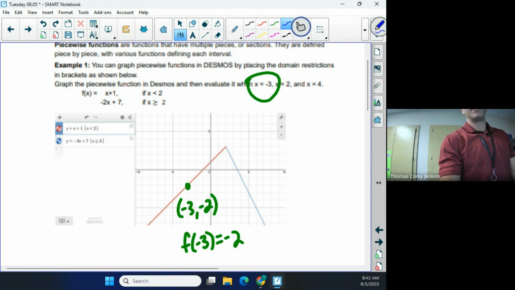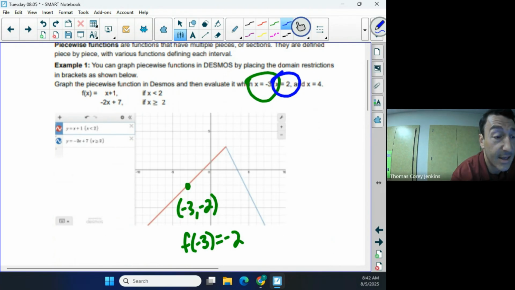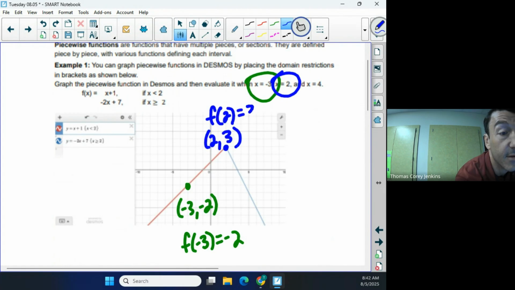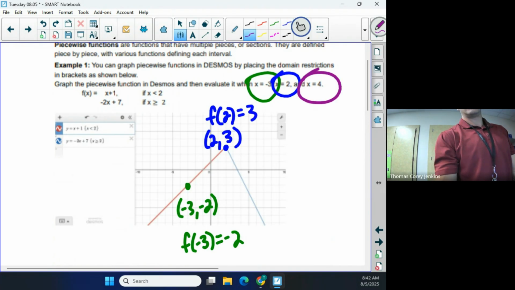They also want me to evaluate where x equals 2, and where x equals 2, y equals 3. Because it goes through 2, 3, we can say f of 2 is equal to 3. And then finally, what's f of x where x equals 4?